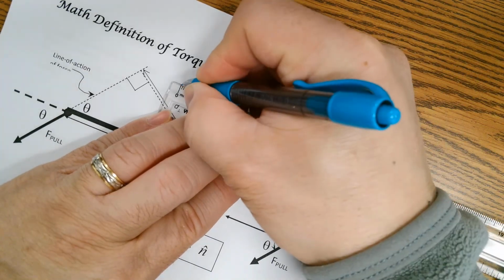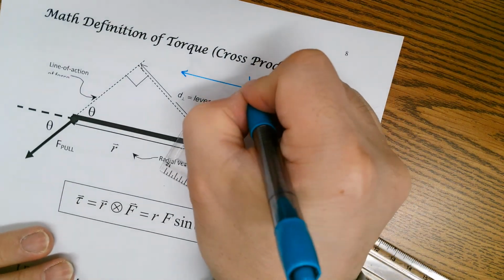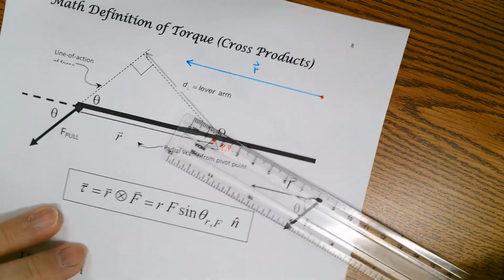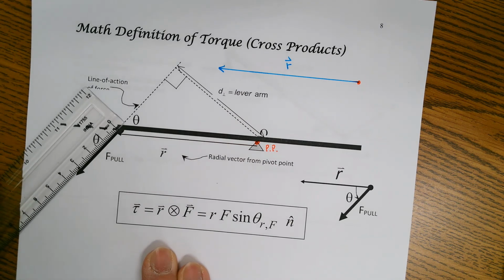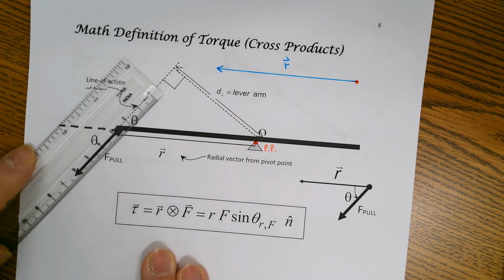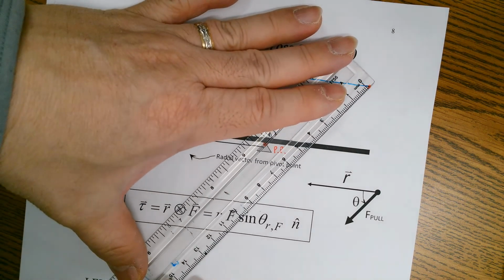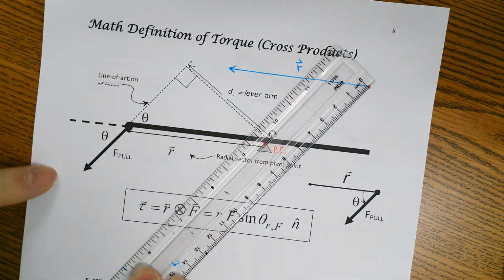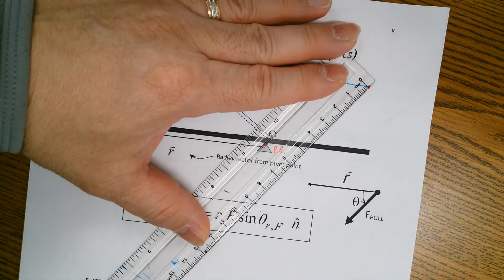So here is my R vector. Then you draw your force vector. So I'm going to just say 3.5, but the angle has to be the same, right? So you have to really make sure your angle is this. So I'm going to do my best.